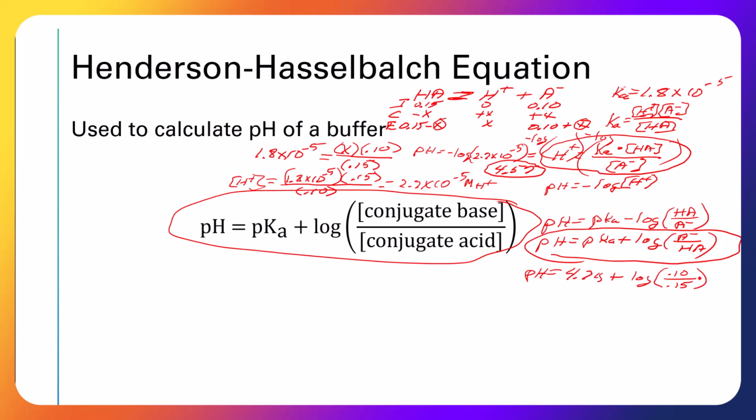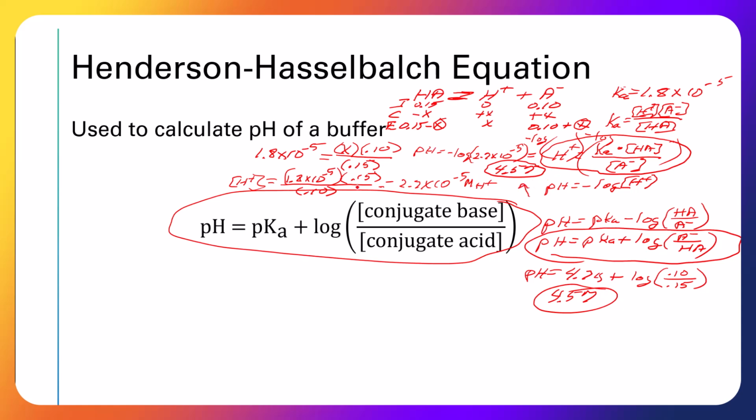So we'll add that, plus the log base 10 of 0.1 divided by 0.15. And when I do that, I get exactly the same answer, 4.57. That pH matches the pH that I got with the ice table.